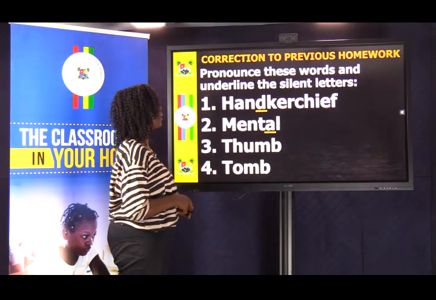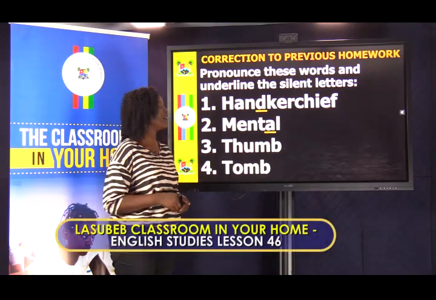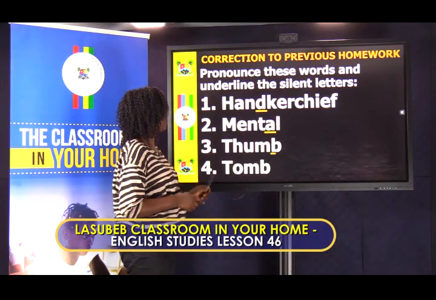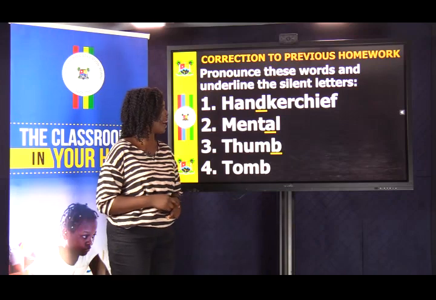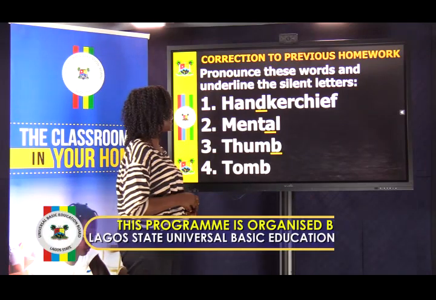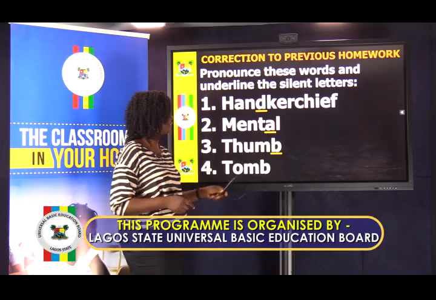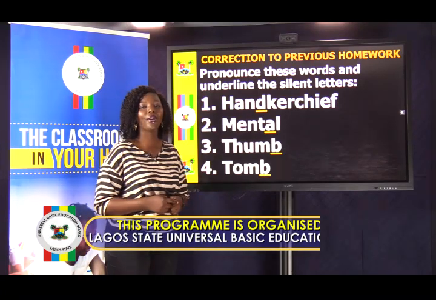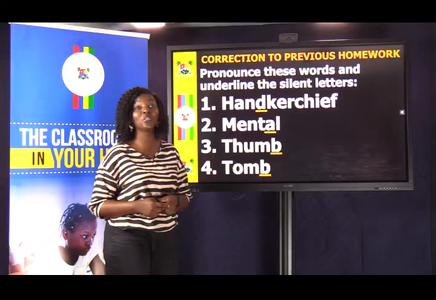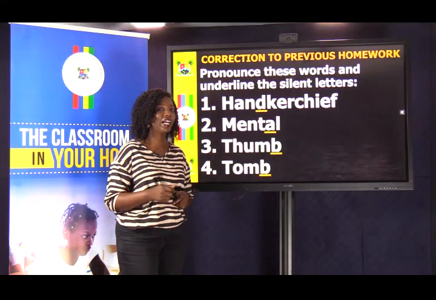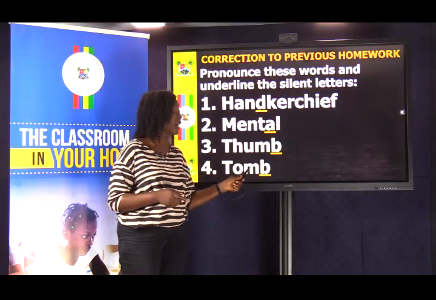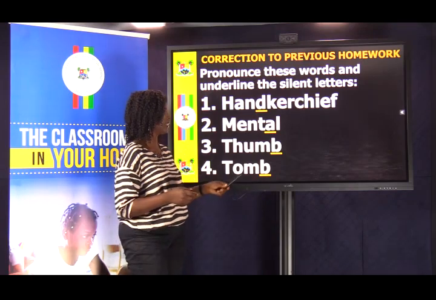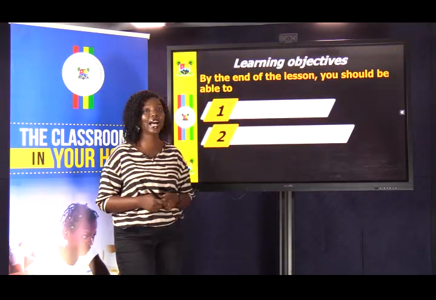The second one, mental. Mental, we have hey as a silent letter. The next one we have thumb. Thumb, and letter B is silent. And number 4 is tomb, and the silent letter is letter B. And you know letter B coming after hem makes it a silent letter. And that is that.